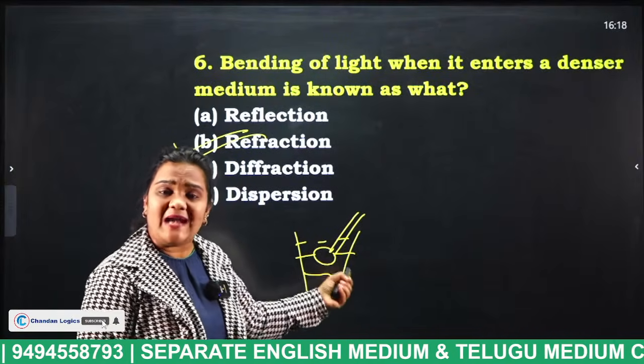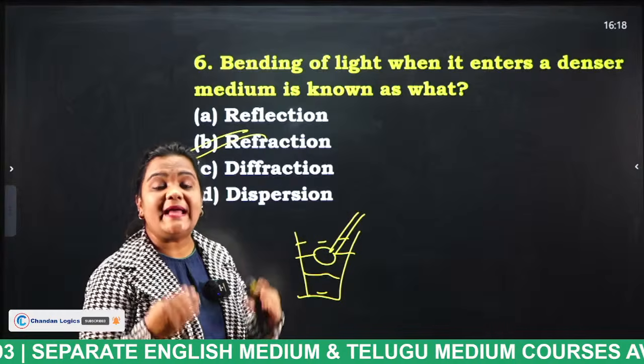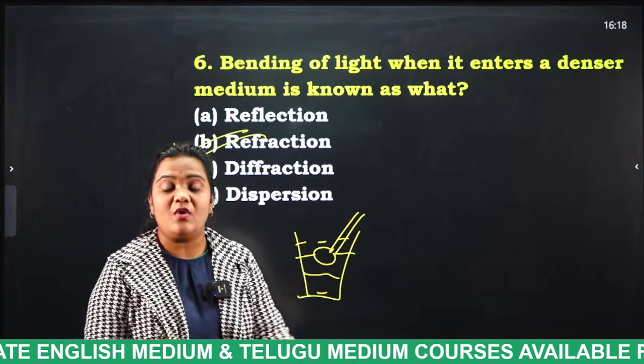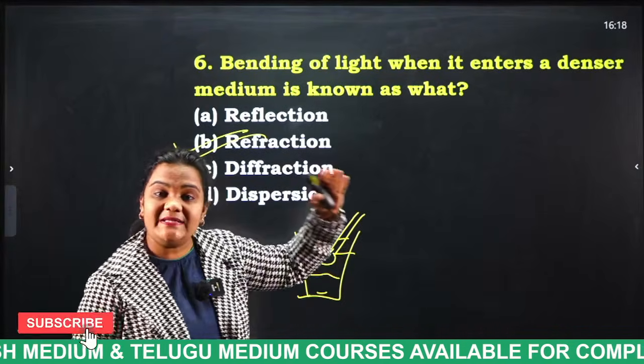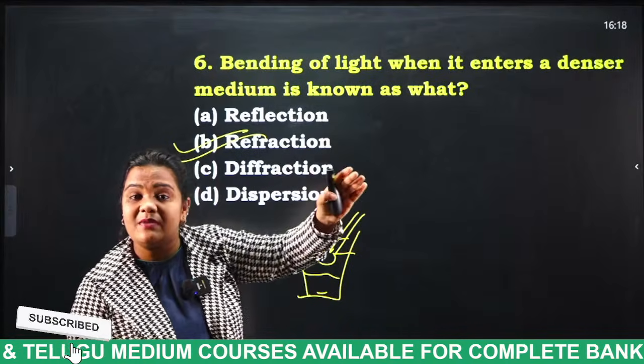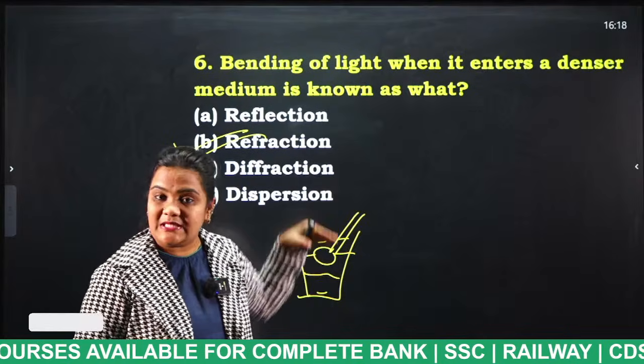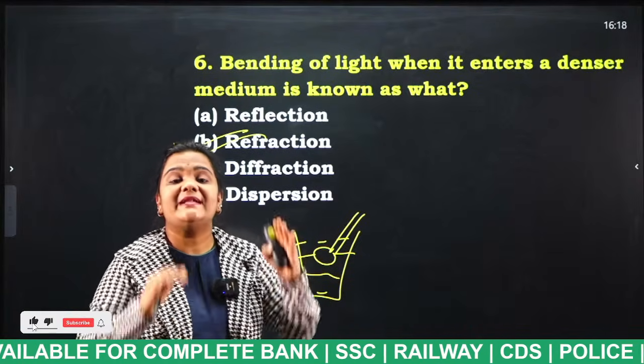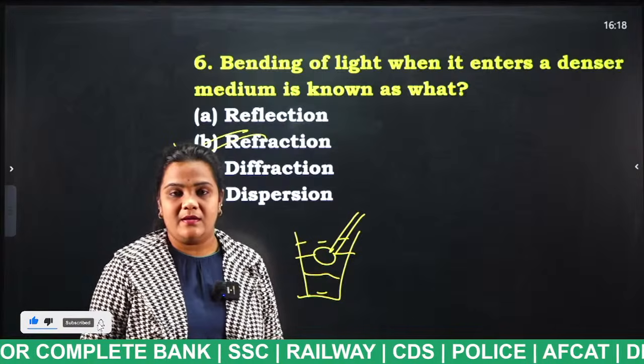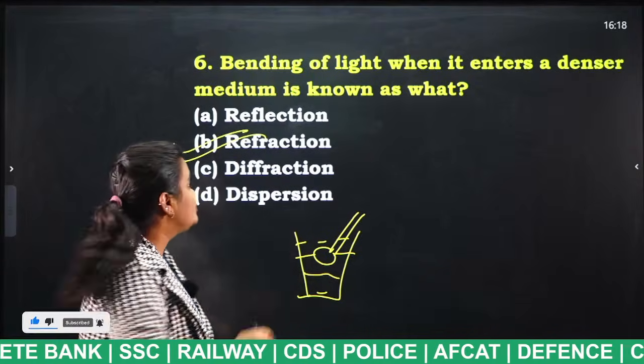When we put that spoon into the glass of water, it appears bent. Why? Because the light rays are traveling from the rarer medium to the denser medium, such that the light rays appear to bend, and that phenomenon is known as what, students?